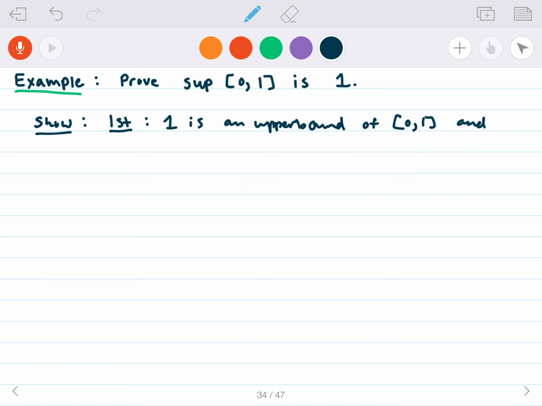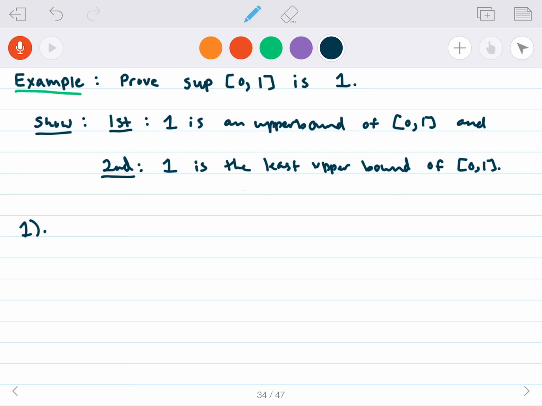And second, 1 is the least upper bound of [0, 1]. Okay? So for the first step, this is pretty easy.